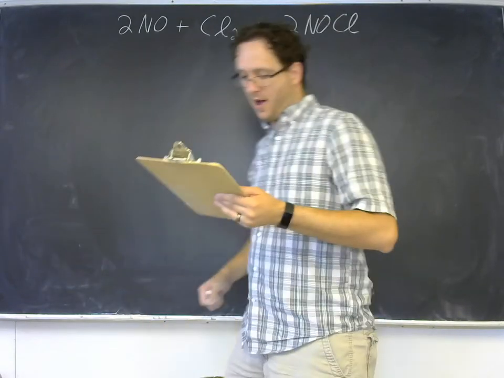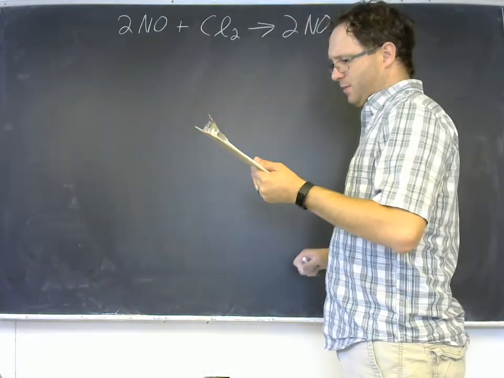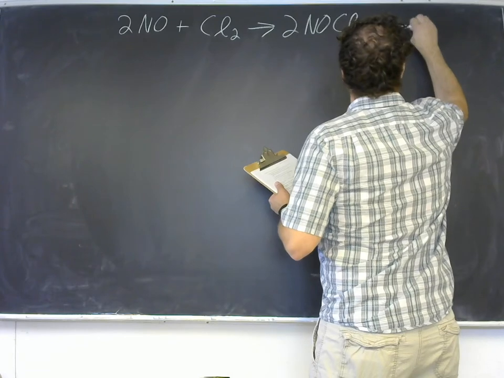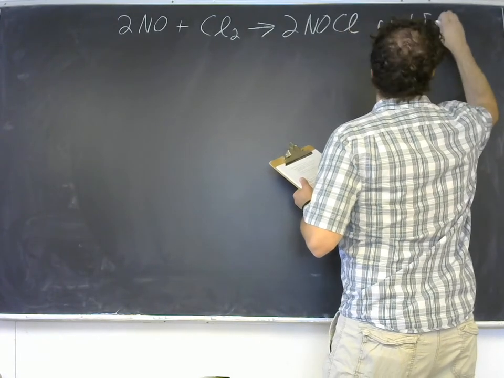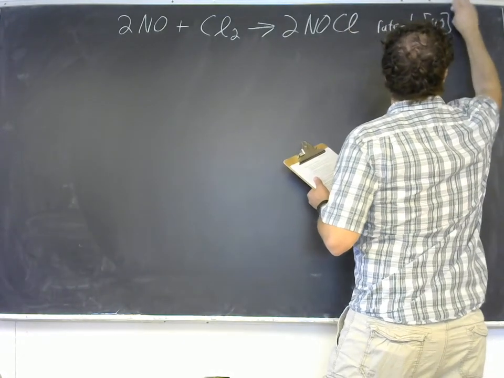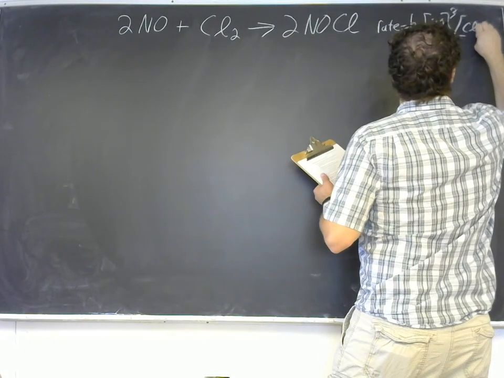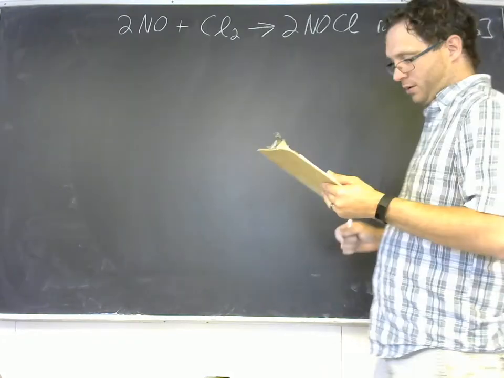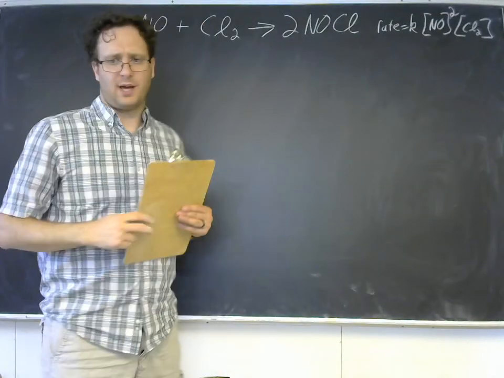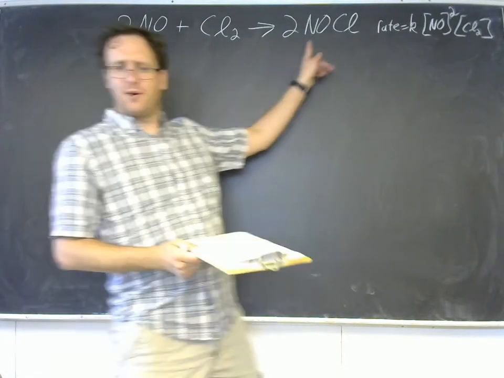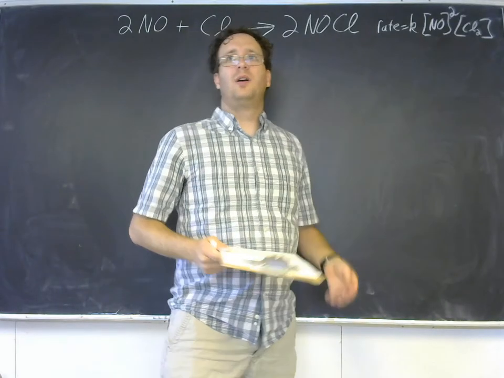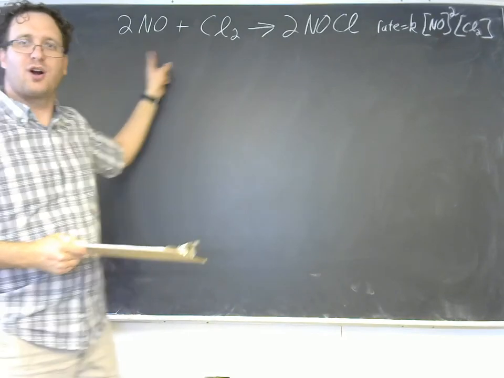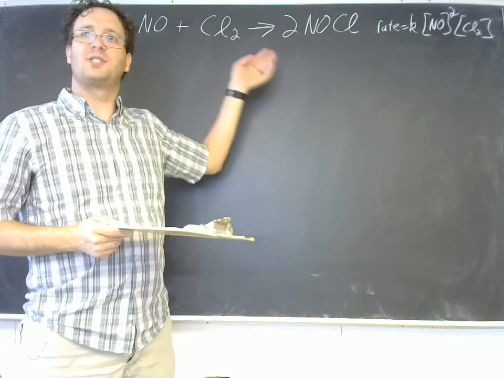All right, we have an observed rate law here. The rate is equal to K times NO squared Cl2. And so that rate law, you might naively say, well, that's consistent with a termolecular single-step mechanism.